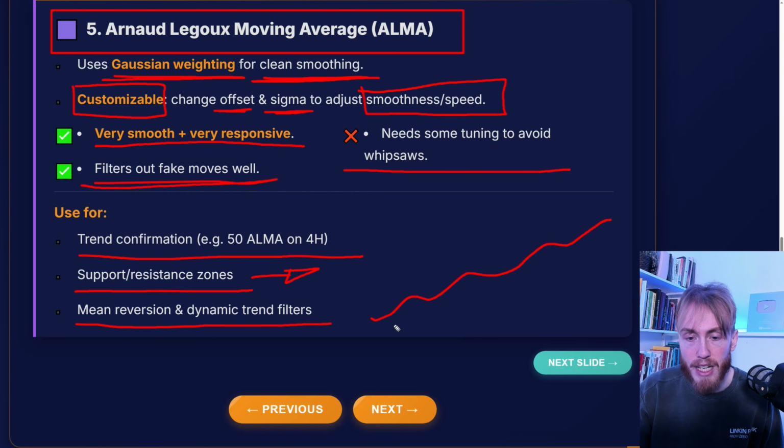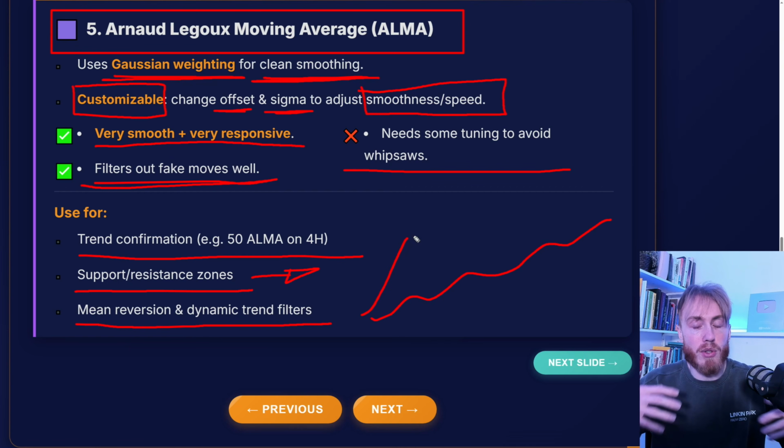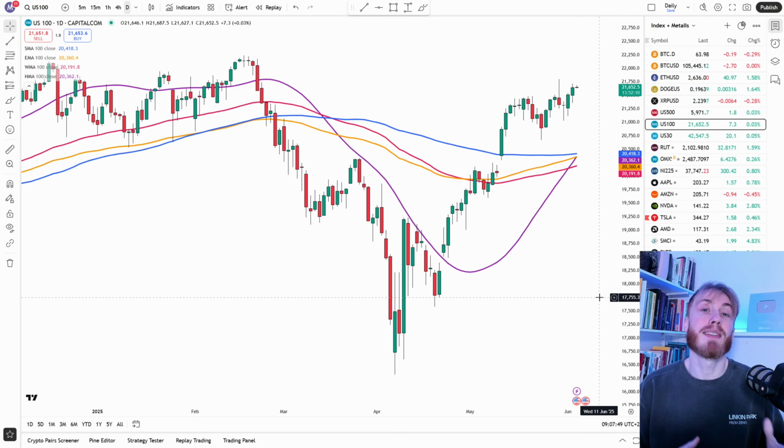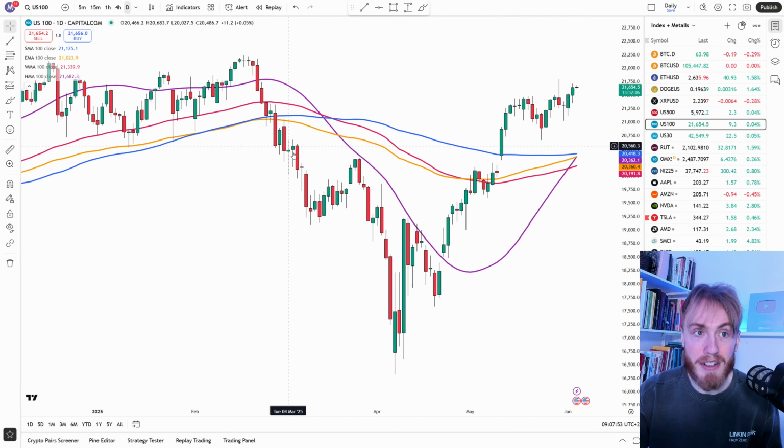Well, when we have a moving average, many traders use it not as strict support and resistance, but as more of a statistical average, where the market tends to come back to that average. I don't have time to go into it deep in this video, but that might be something for a future video. But all right, so now last but not least, let's open up the ALMA moving average in TradingView.